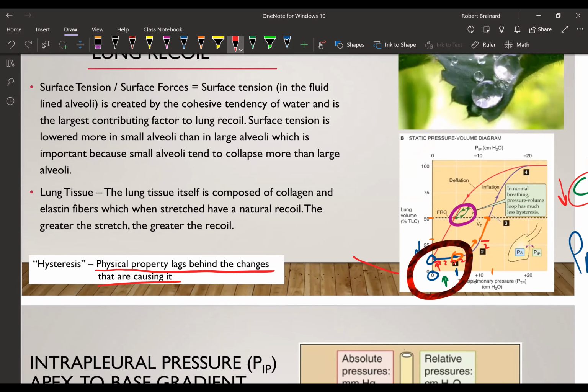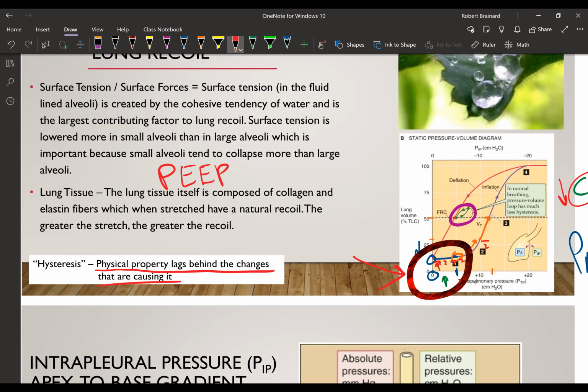Hysteresis plays a much bigger role at lower lung volumes, and an even huge role when lung volumes are so low that they've undergone a pneumothorax or total lung collapse. This is why we talked about positive end-expiratory pressure, PEEP, in our ventilators. PEEP has to be above 0 because that's going to keep those alveoli open and recruited. And when they're open and recruited, they're not collapsed and not contributing more to the inward recoil of the lung.